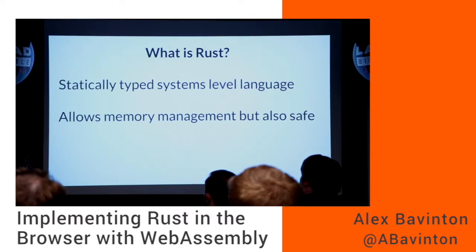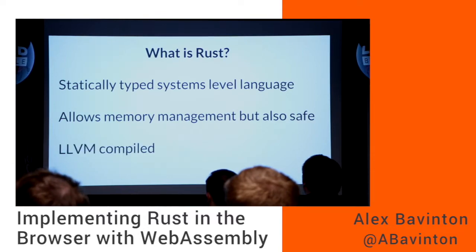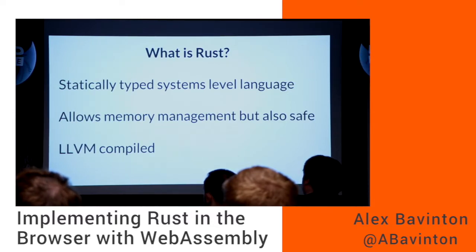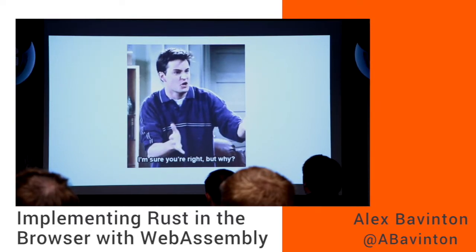So what that means is you can tell it when it needs to do its garbage collecting or not, and it works either way. So for things like graphics and games, that's pretty useful because you want high performance. And this is really important. At the moment, it's only really LLVM that works with WebAssembly, and I don't really know what that is, but it's a compiler, and only C and Rust are compatible with it.